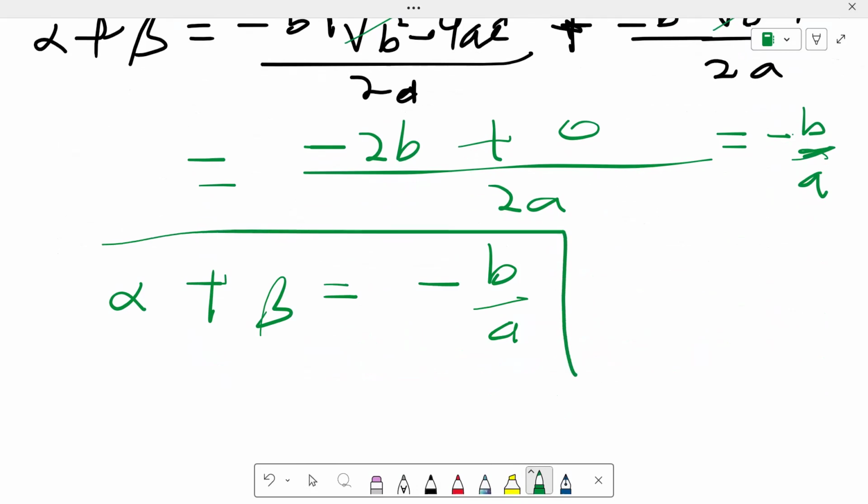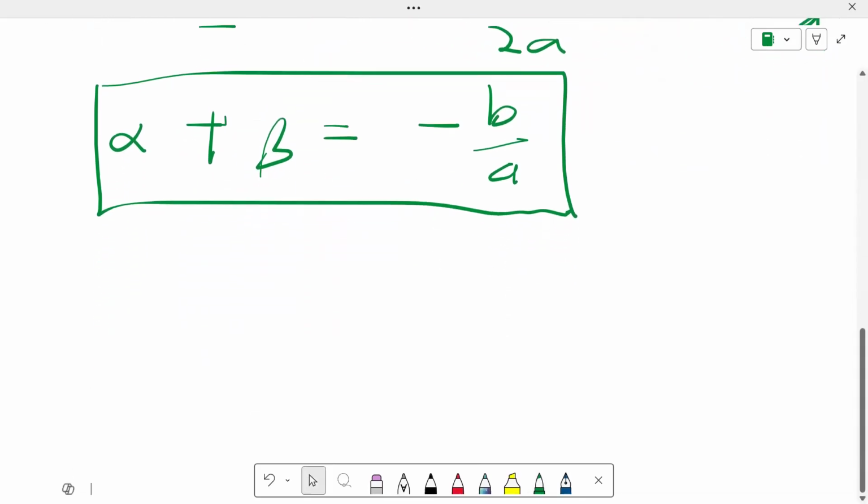So this is the sum of roots. Right. Now that we've been able to compute the sum of roots, getting the general value, we want to move on and then compute the product of roots.